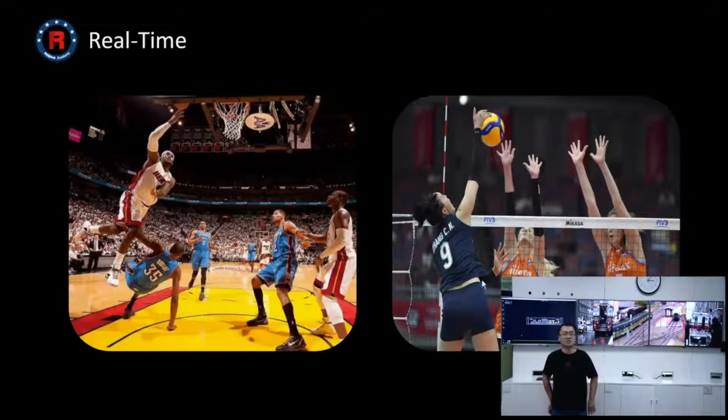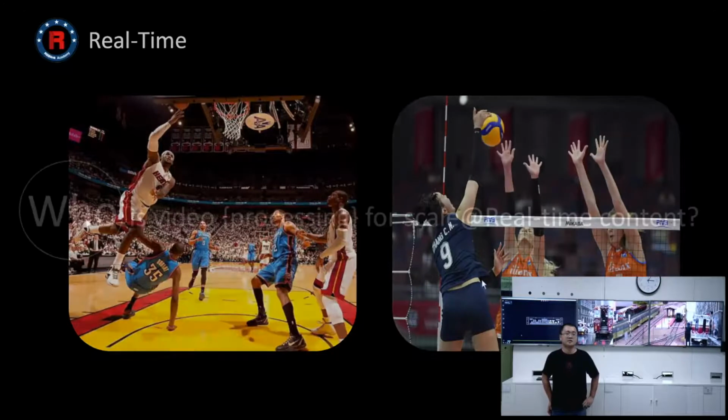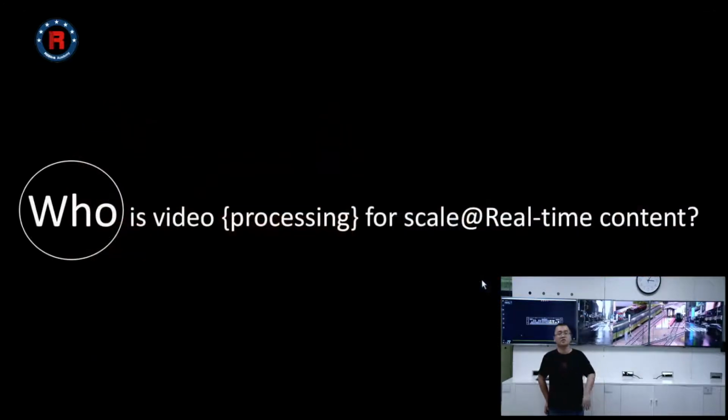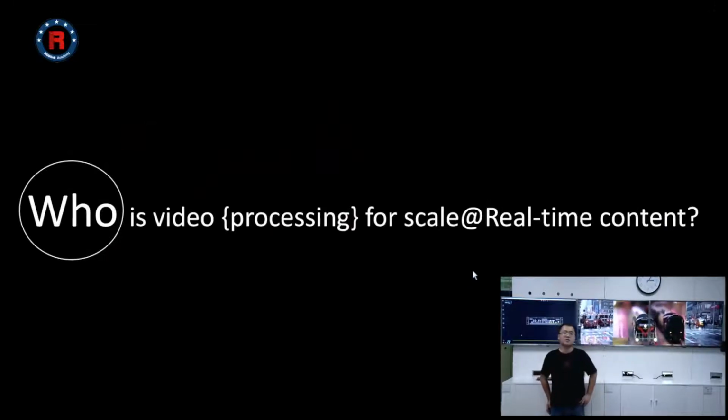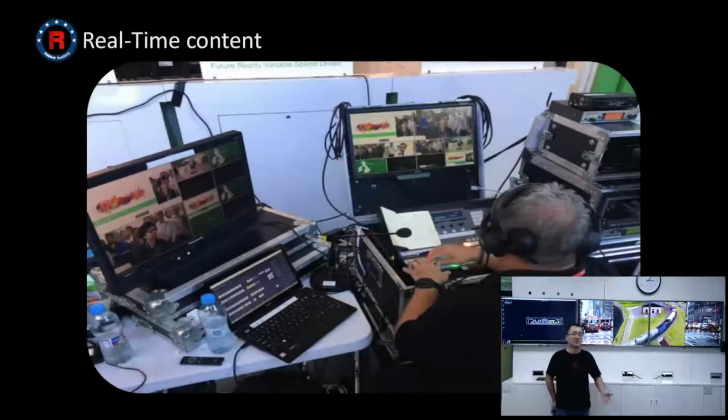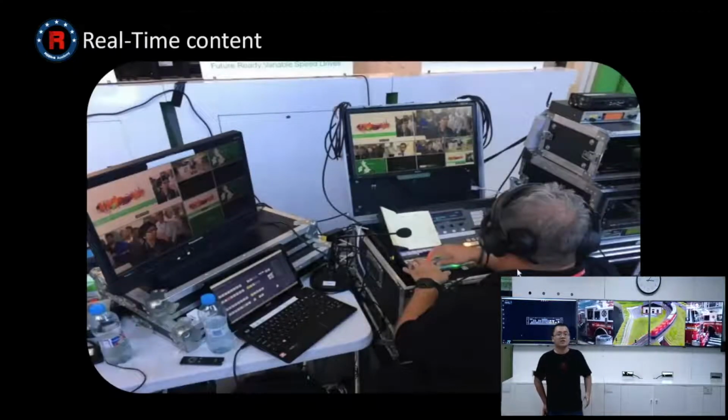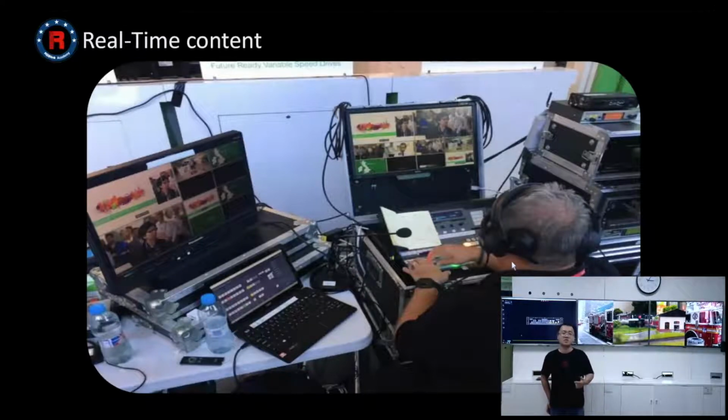This is the second question about where. Coming to the next question, who: who will use the real-time content? It's very easy to answer. The editor. In film, they need to edit and show their real-time edited content to the whole audience.